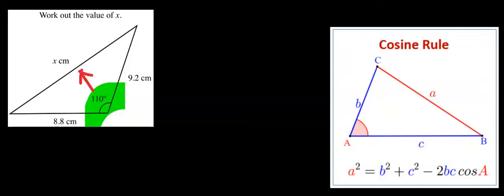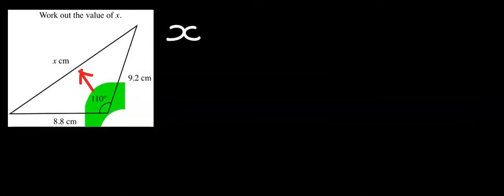Next, start with the value opposite the angle. Here, we're going to start with x. Next, square the number. Next, square each remaining side.